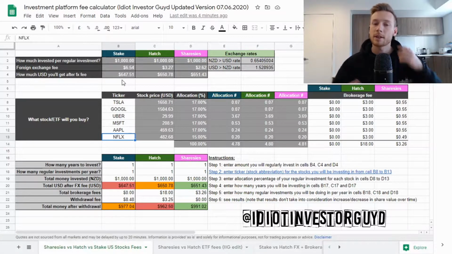Getting into it, it looks like there's quite a lot going on here, but I've put instructions down the side here to let you know exactly how to tick your way through it. Essentially, there's only a few fields you need to fill out. Everything else is automatically calculated for you. The first thing you need to fill out is how much you're going to be investing regularly. Whether that's $1,000, $500, $100, that's up to you.